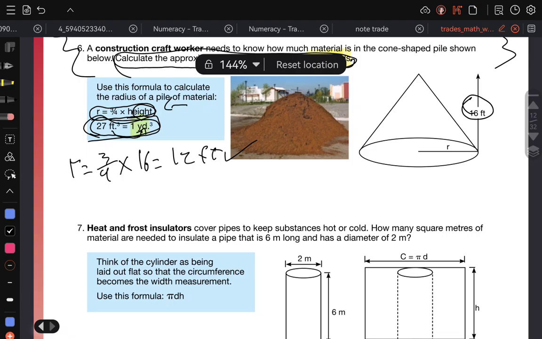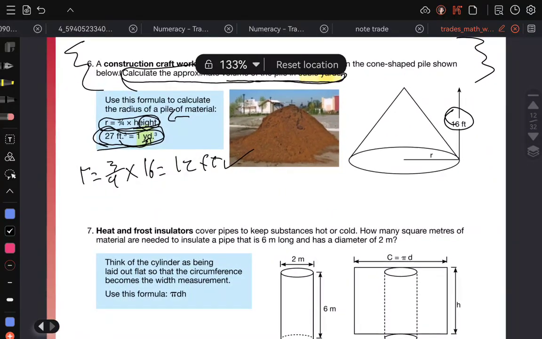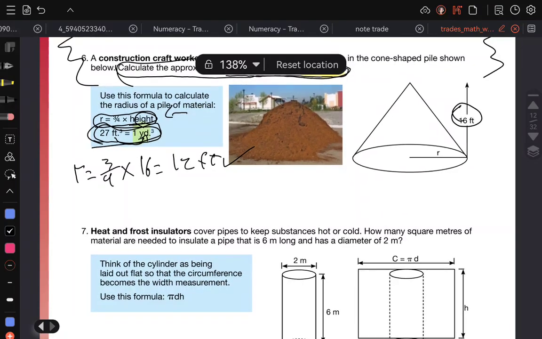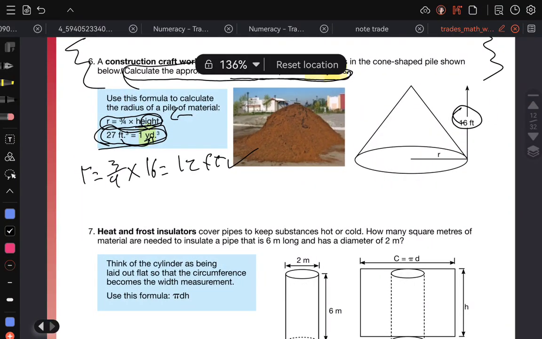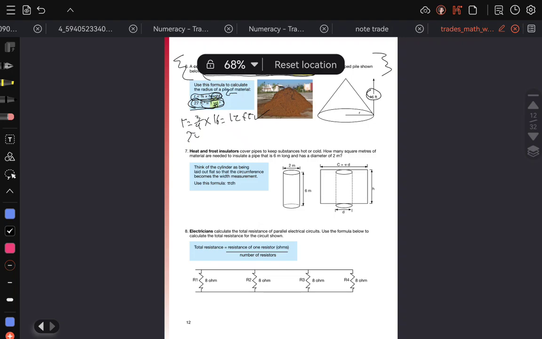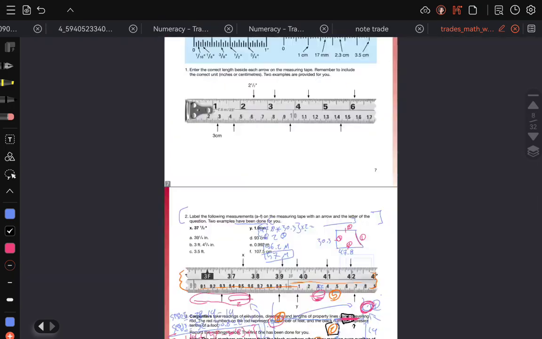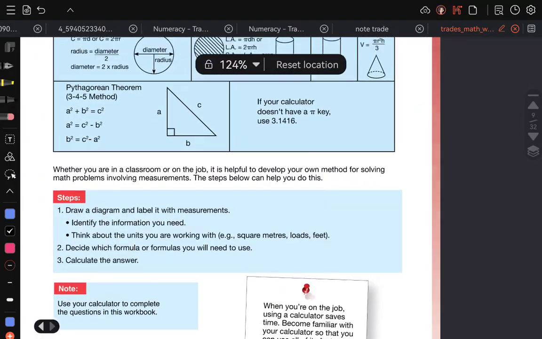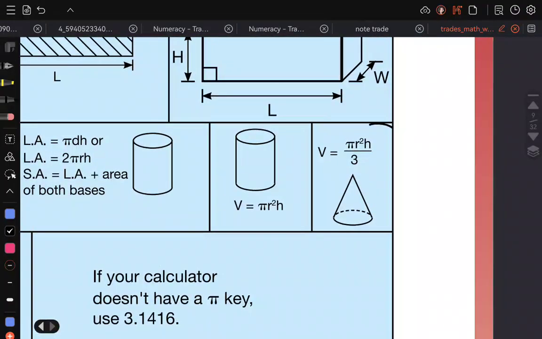Okay, now let's use our formula, which is pi. Let me go back with you so you can understand that. Where is the formula? The formula is right here. We're going to use this one: V equals pi multiply radius squared multiply h divided by 3.